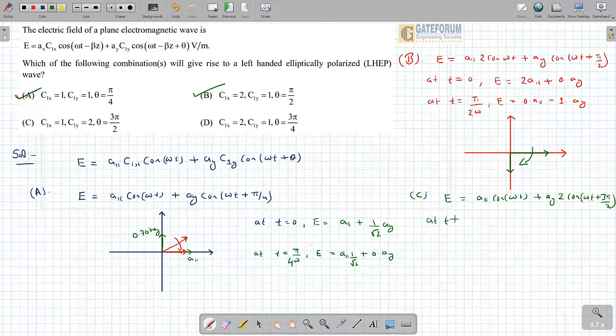So at t equal to 0, let's see first what the equation is. E will become Ax, plus pi by 2 is 0, so that is 0 times Ay, at t equal to pi by 2 omega.